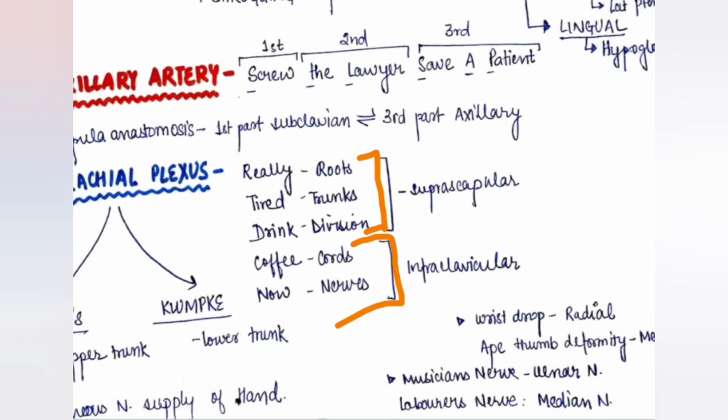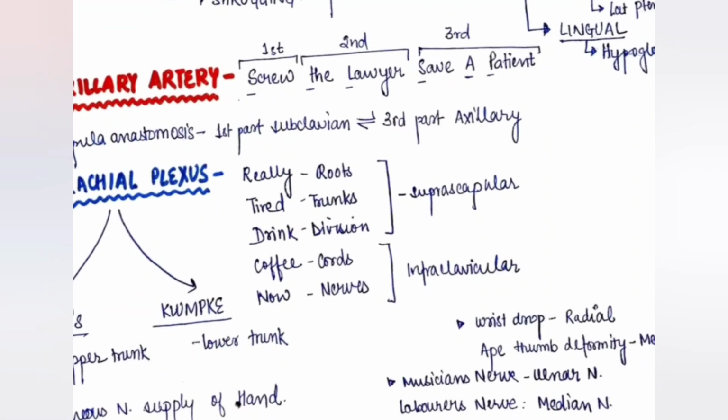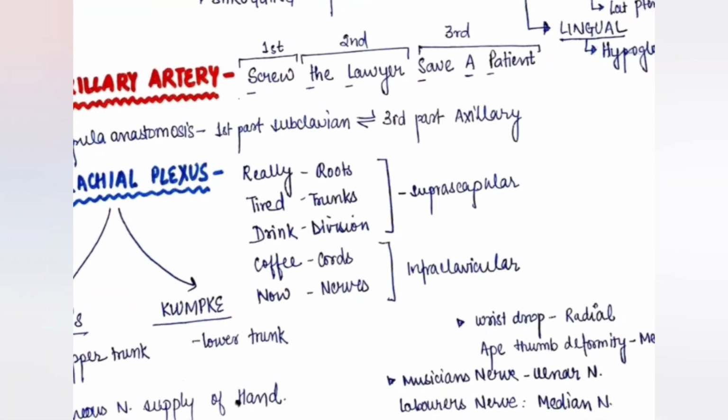Then, if there is upper trunk involvement, it leads to Erb's paralysis, and lower trunk involvement leads to Klumpke's paralysis. Now remember, wrist drop is due to radial nerve involvement, and ape thumb deformity is median nerve involvement.